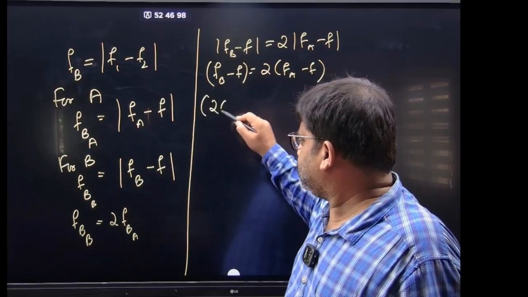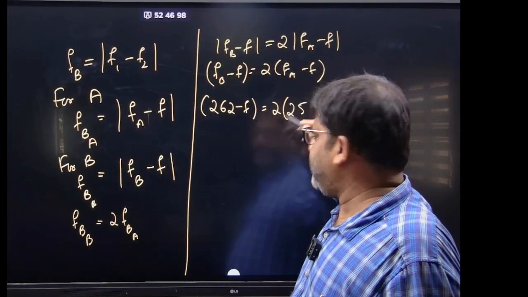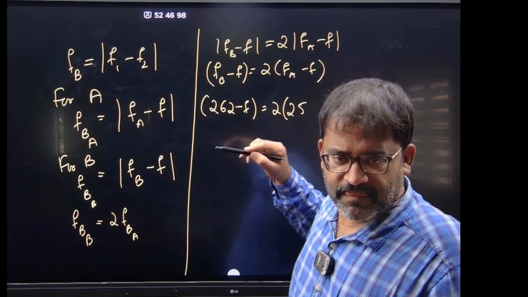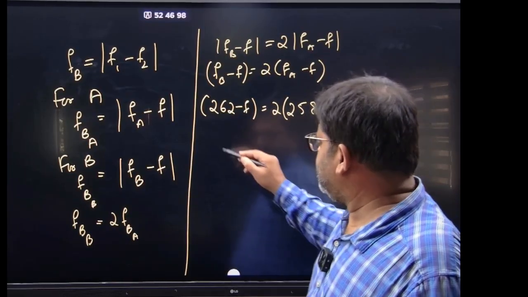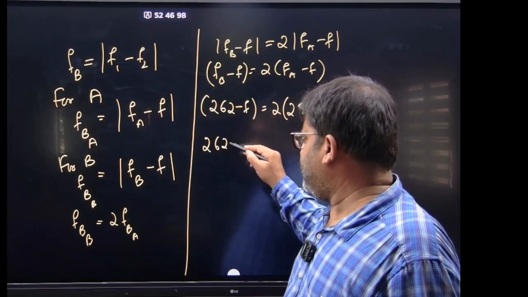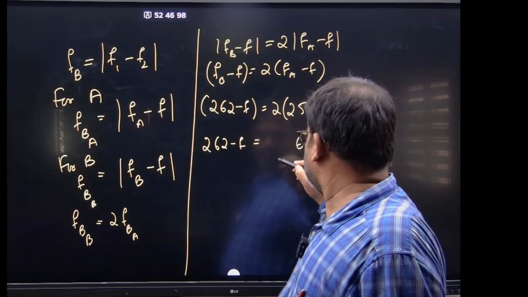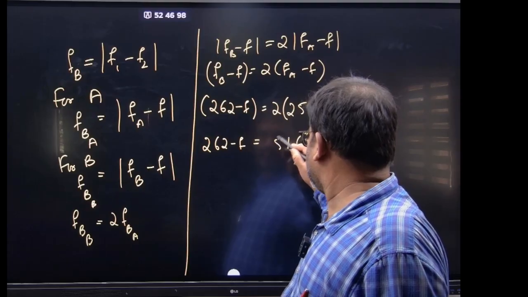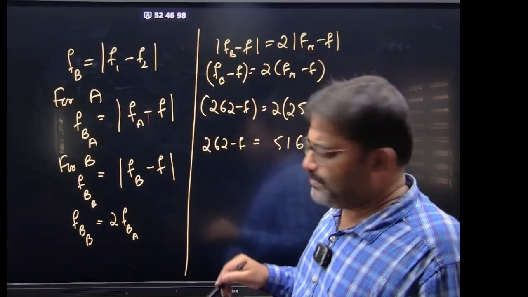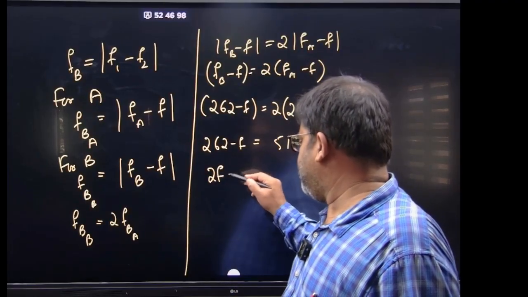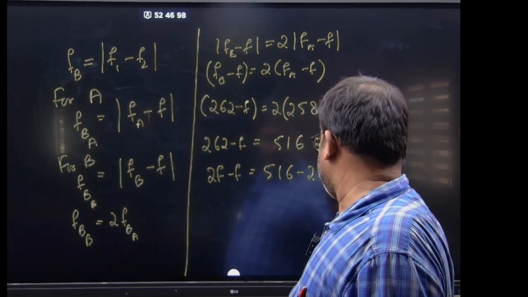262 minus F equal to 2 into 258 minus F. Now, this is nothing but 262 minus F, we are going to keep it as it is, equal to... so transferring, we can take this as 2F minus F equal to 516 minus 262.